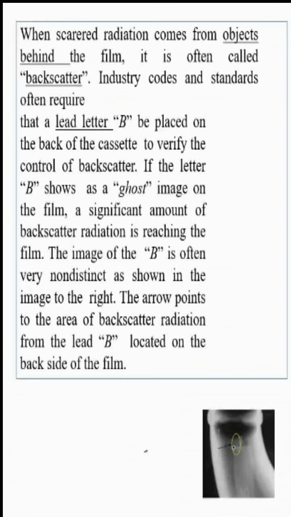The quantity of backscatter should be limited, very less. That means if a little backscatter is present, you will still get a very blur, faint or light image of B. And if you are not getting an image of B, that is one of the conditions that he has not used B.